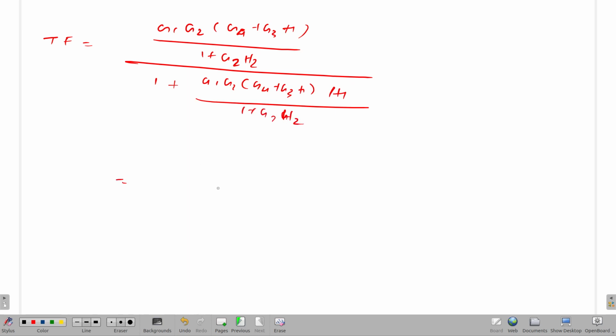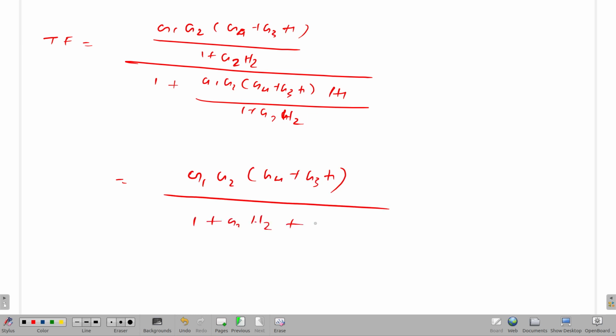This will come here and the denominators will get cancelled: G1 G2 into G4 plus G3 plus 1, whole divided by 1 plus G2 H2 plus G1 G2 H1 into G4 plus G3 plus 1. This will be your final answer. So this is how you do a simple block diagram reduction.